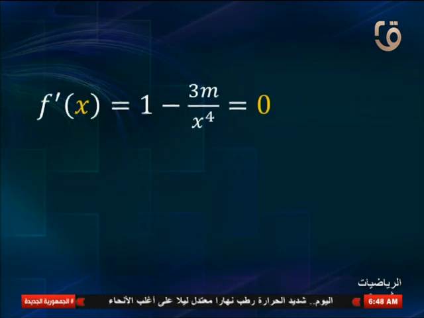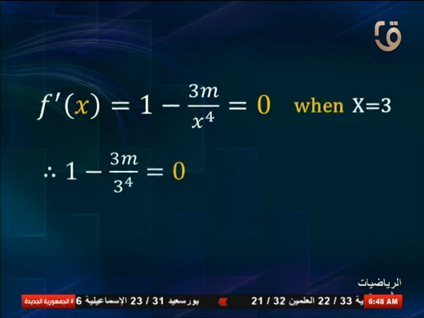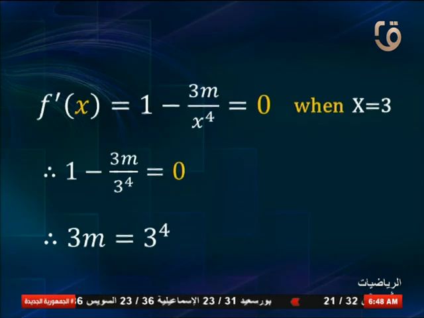What is the value of x? From the given, x = 3 at the critical point. By substitution, 3m equals 3⁴, m equals 27.